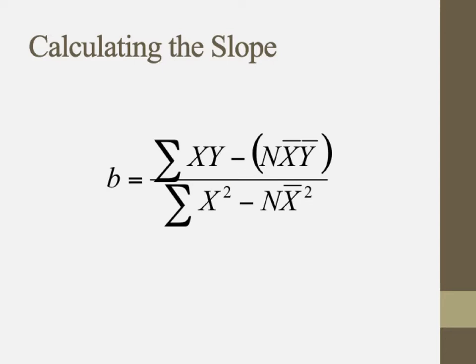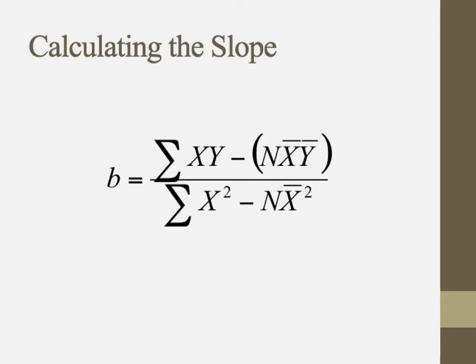Then we subtract n, the total number of respondents, times the mean of x times the mean of y. Then we divide all of that by the sum of the x squareds. So we're going to take each x, square it, and then add them together. And then we'll subtract n, the total number of respondents, times the mean of x squared.